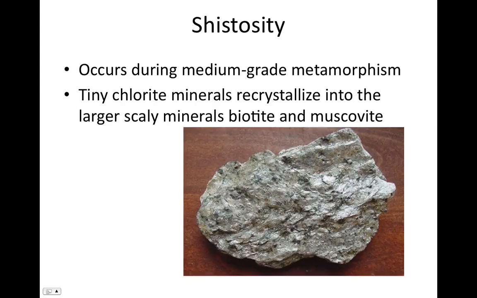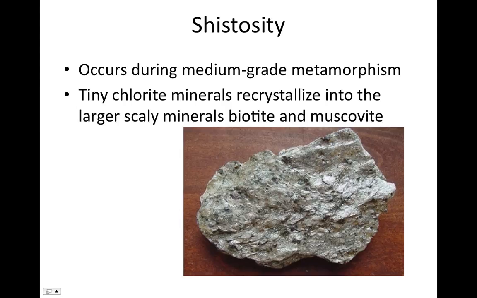Next is schistosity. Any metamorphic rock that has this grade of foliation is known as a schist, and it occurs during medium grade metamorphism. What happens is those tiny chlorite and mica minerals that develop during low grade metamorphism to form slaty cleavage grow larger in size as the rock is squeezed even more.